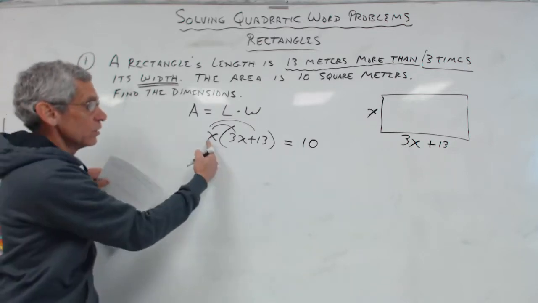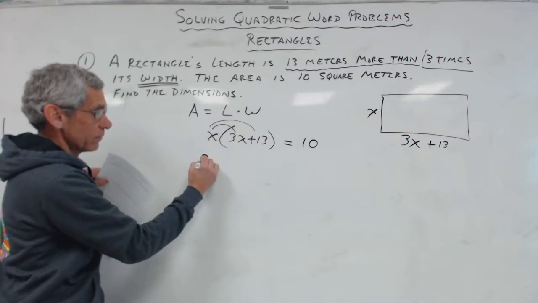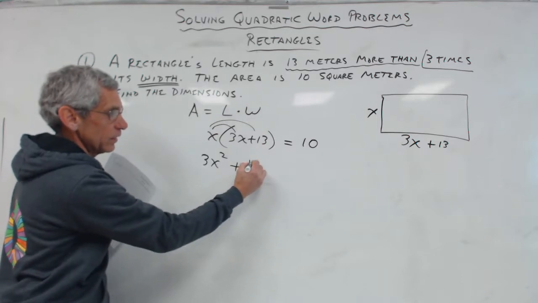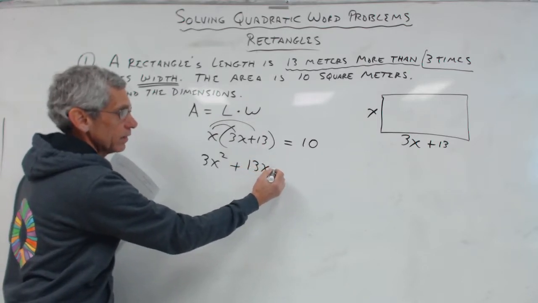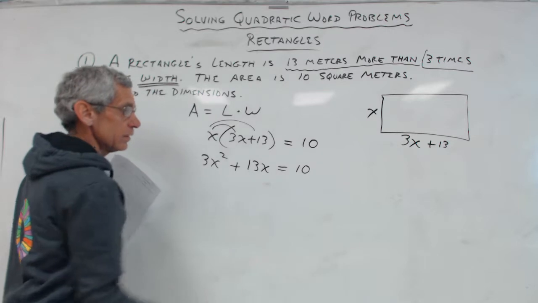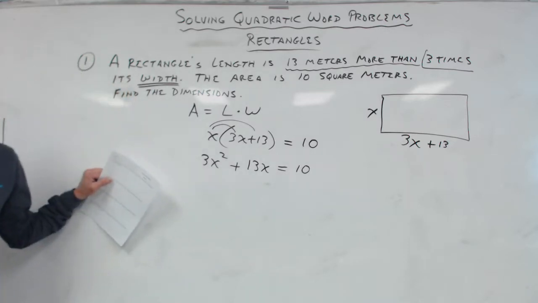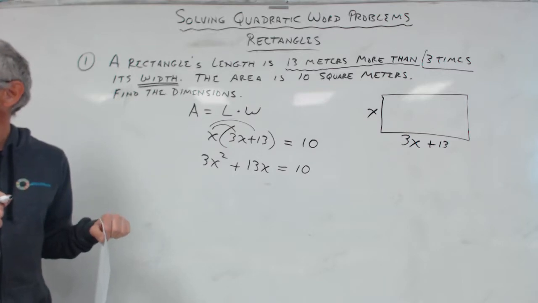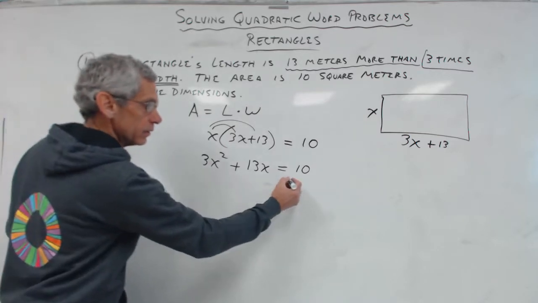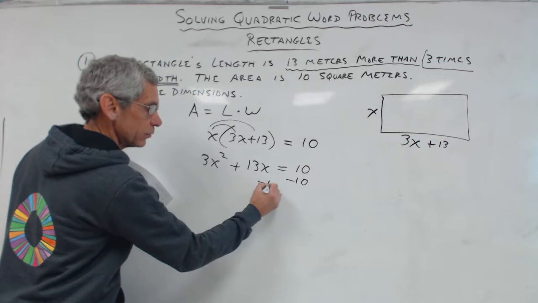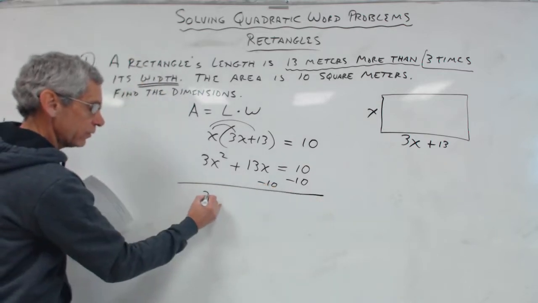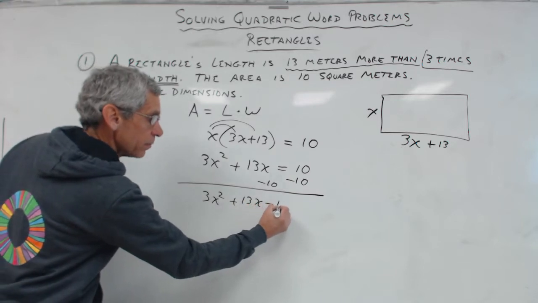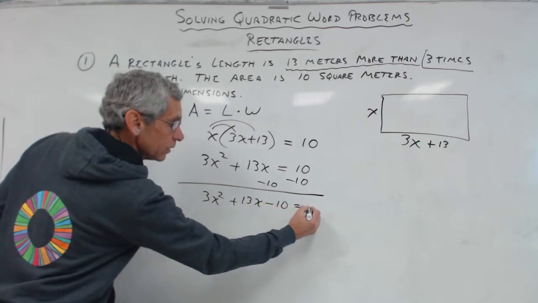So x times 3x is 3x squared, plus x times 13 is 13x, equals 10. Now, it's got to equal 0. That's the goal. It's got to equal 0, so we can do that little trick. So subtract 10, right? Subtract 10, subtract 10. So I have 3x squared plus 13x minus 10 is equal to 0.